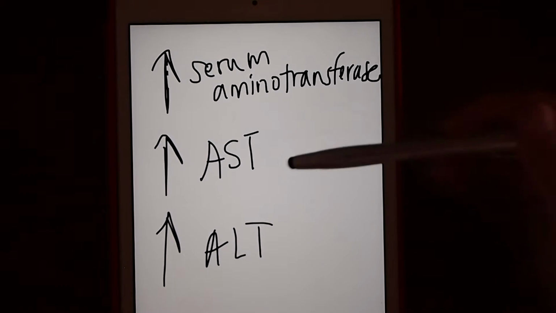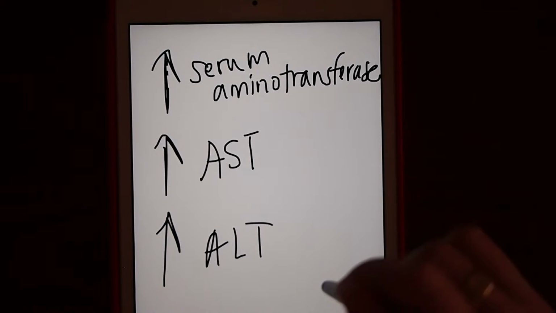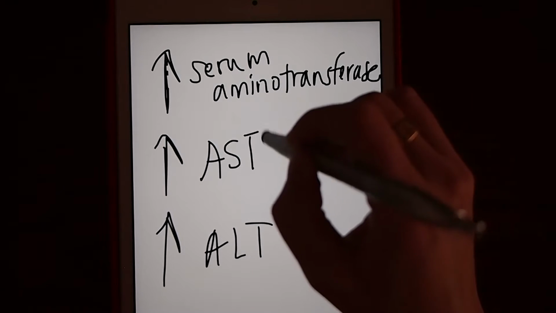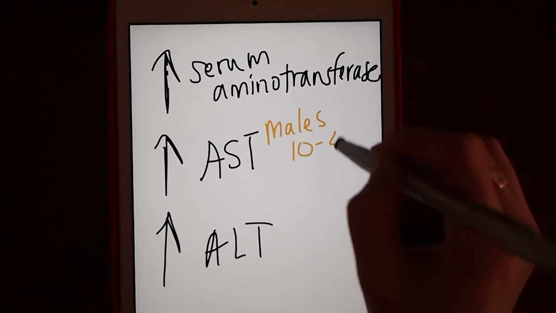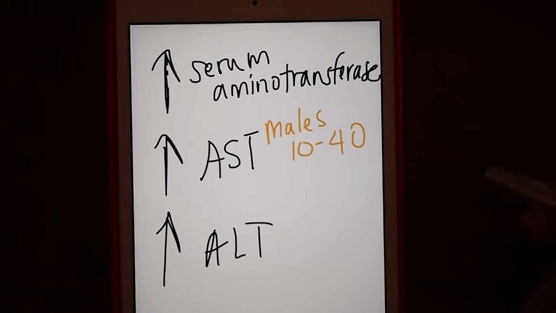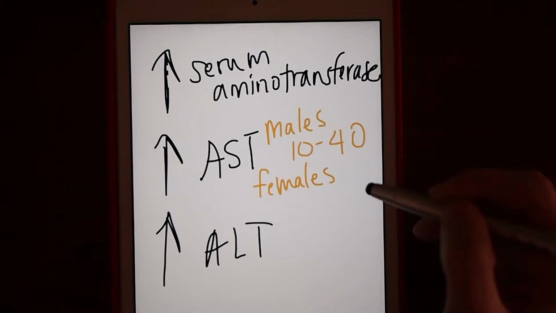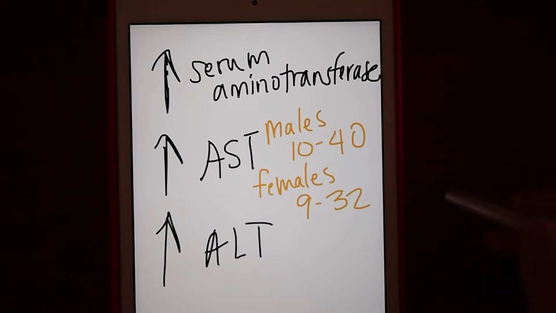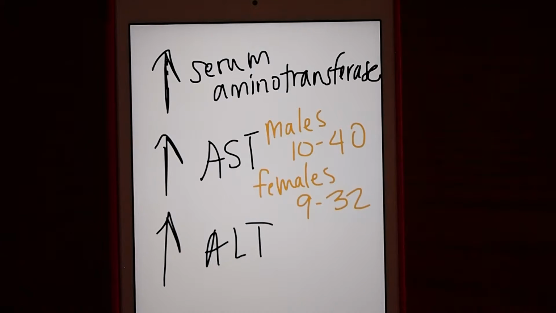The normal for AST for males is 10 to 40 international units per liter. And for females, it's more common to see 9 to 32 international units per liter. Those are the normal values. So you would see an increase with someone who has hepatitis.